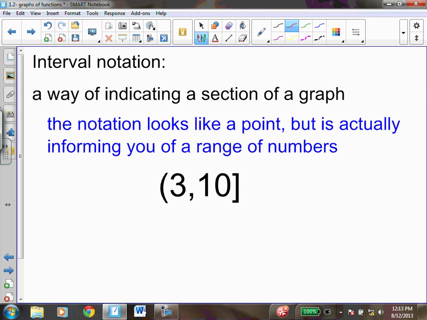This notation looks like it's a point, but in fact, it is telling you a range of numbers. I don't necessarily know what this interval from 3 to 10 is talking about, but I do know a few things. 3 would be the starting point, and 10 would be where I stop.